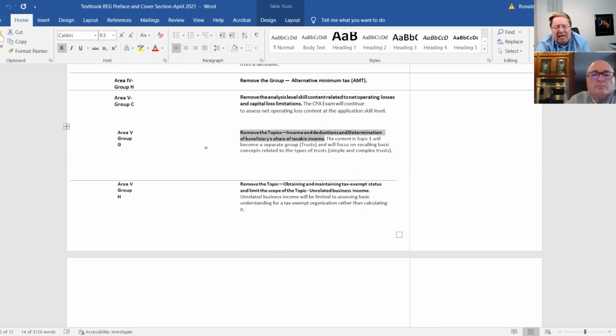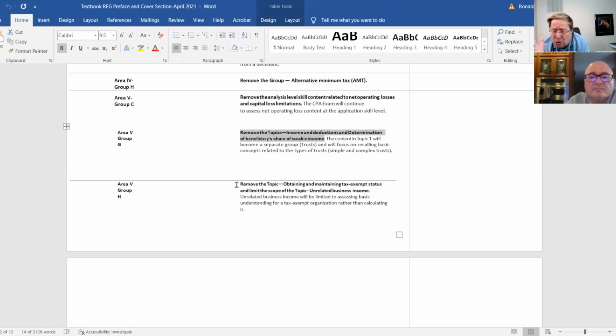And because a 1041 is a flow through entity, you get a K-1 for your share of the income from the trust if you're one of the beneficiaries. Well, that's all gone, that 1041 stuff. But you have to know the basics.